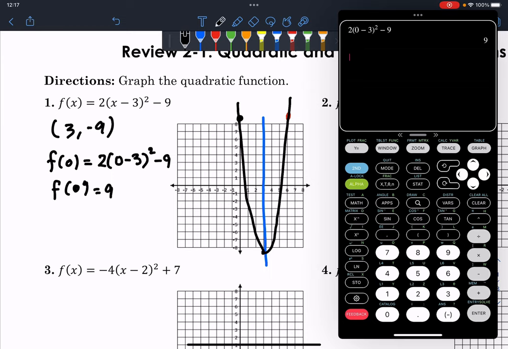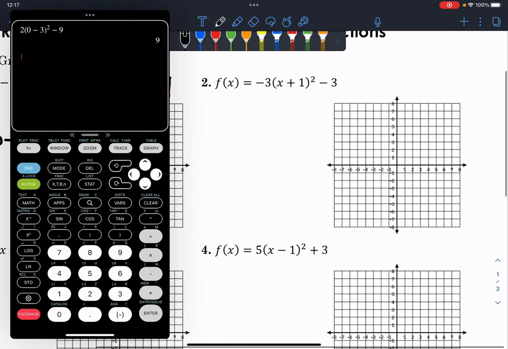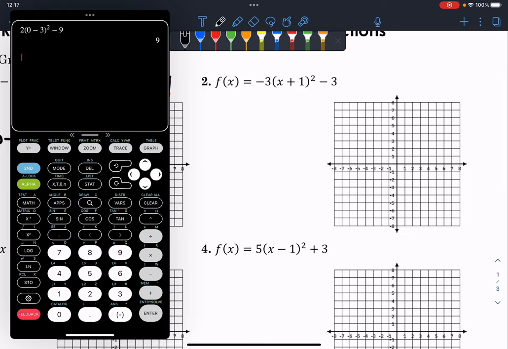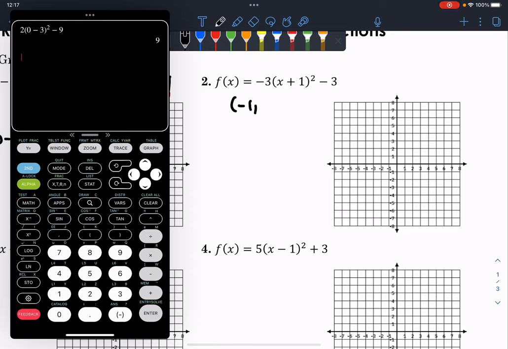Let's look at example number 2 now. So for example number 2, we want to identify the vertex first, which is at -1, -3. So that's there.